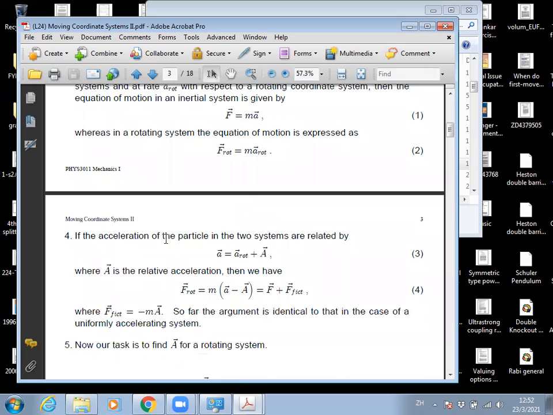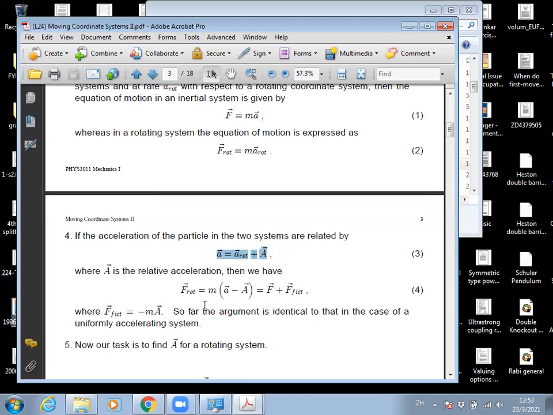Now, if the acceleration of the particle in the two systems are related by this expression, where A is the relative acceleration between the inertial frame and the uniformly rotating frame, then the F rotation is equal to the F observed in the inertial frame plus the corresponding fictitious force, okay?